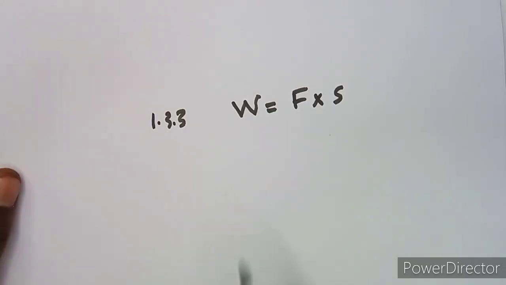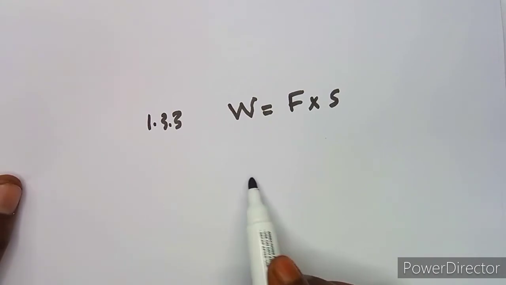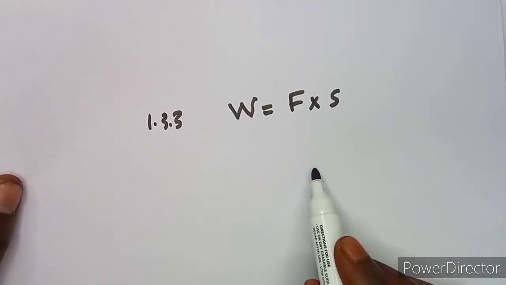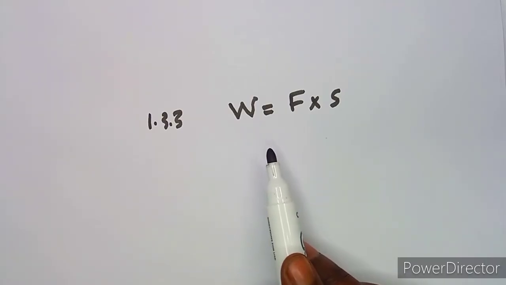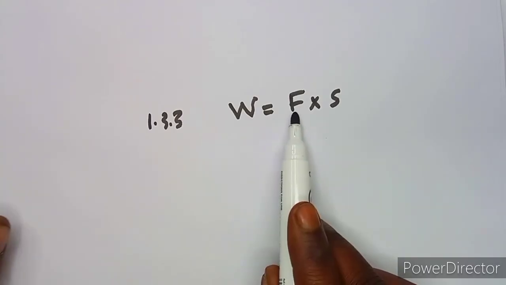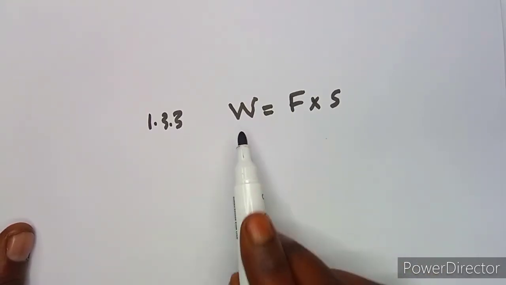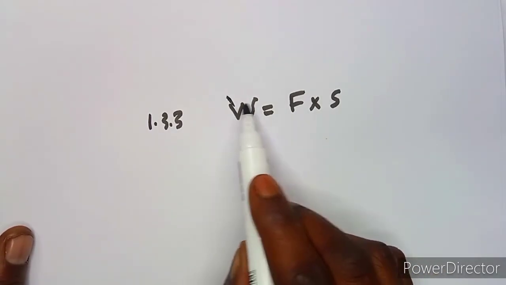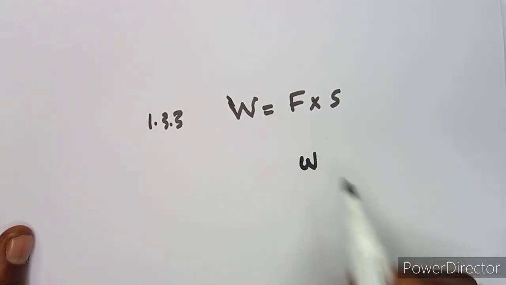Remember, if you are working with the gravitational force parallel to the plane, we are going to use W, so this part here is the work done that you're talking about. So you're going to use the weight component now. Take note, guys, these W's, don't confuse them. I'm just going to use the small letter w for the weight.